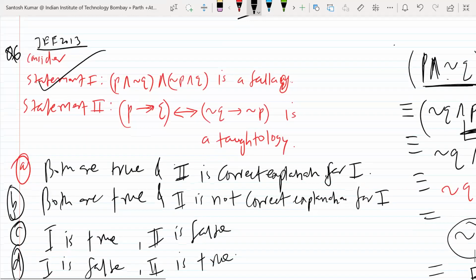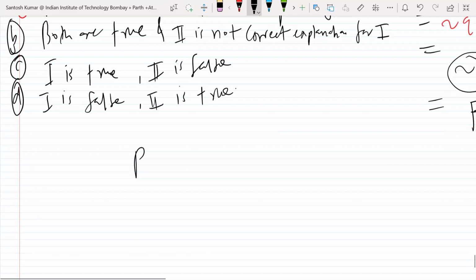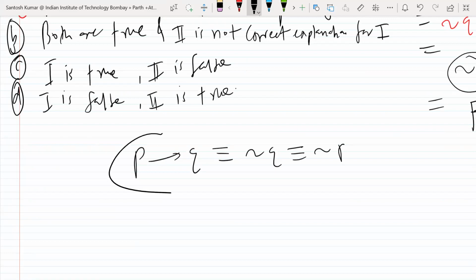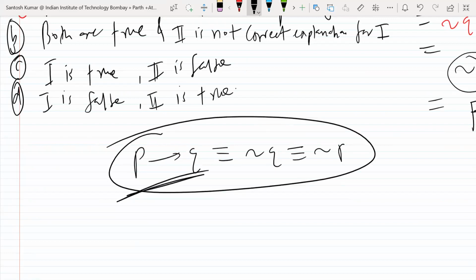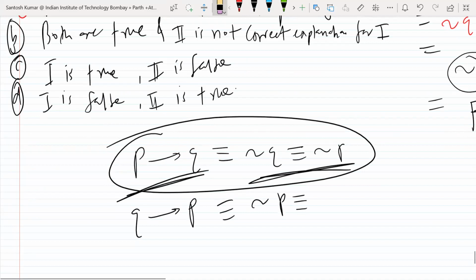And now come to this. So you know P implies Q and not Q implies not P, they are equivalent. You know the word contrapositive. I have defined P implies Q as equivalent to not Q implies not P. And we have proved in the last class that a statement and its contrapositive are equivalent, and the converse and inverse both are equivalent.